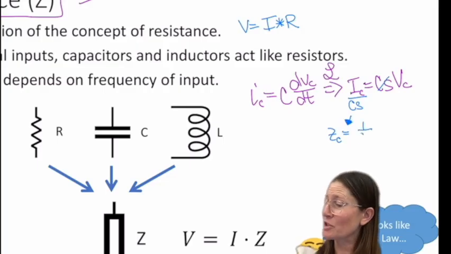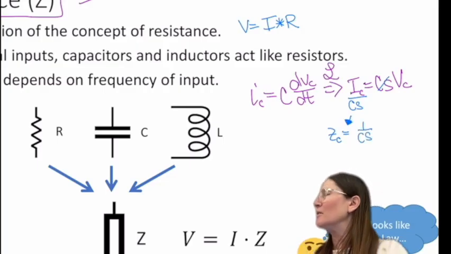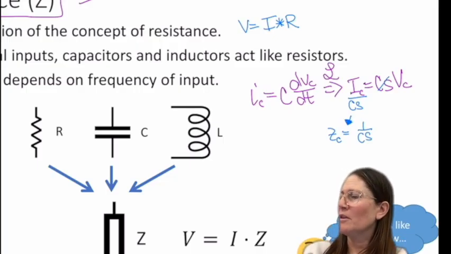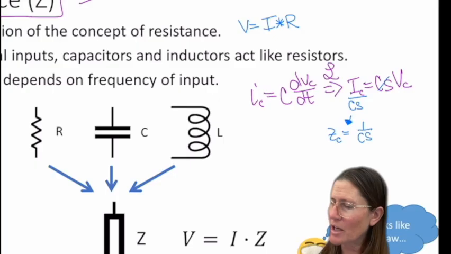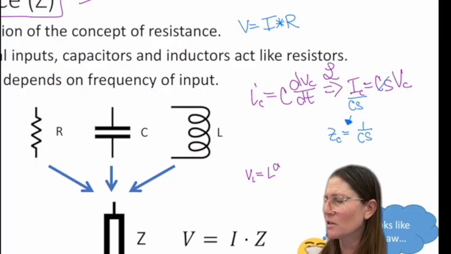Correct, just 1 over CS. Then for an inductor, we know that VL is equal to L dIL dt.